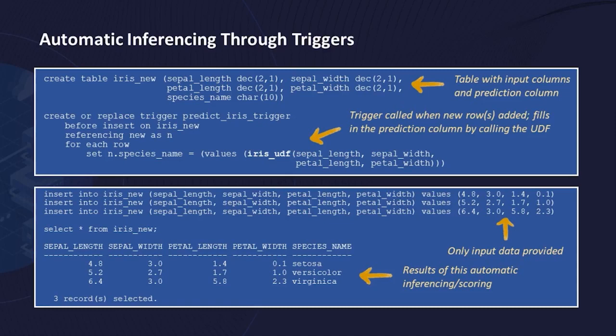So what I've got here is a table where the new data is being inserted into, so where a row with the 4 measurements are added, and then there's that species column at the end that isn't explicitly inserted with the data, because obviously they don't know, but it's filled in automatically through a trigger. I created a before trigger that calls the UDF with the 4 measurements and then inserts the species name returned from that function into the last column of the table.